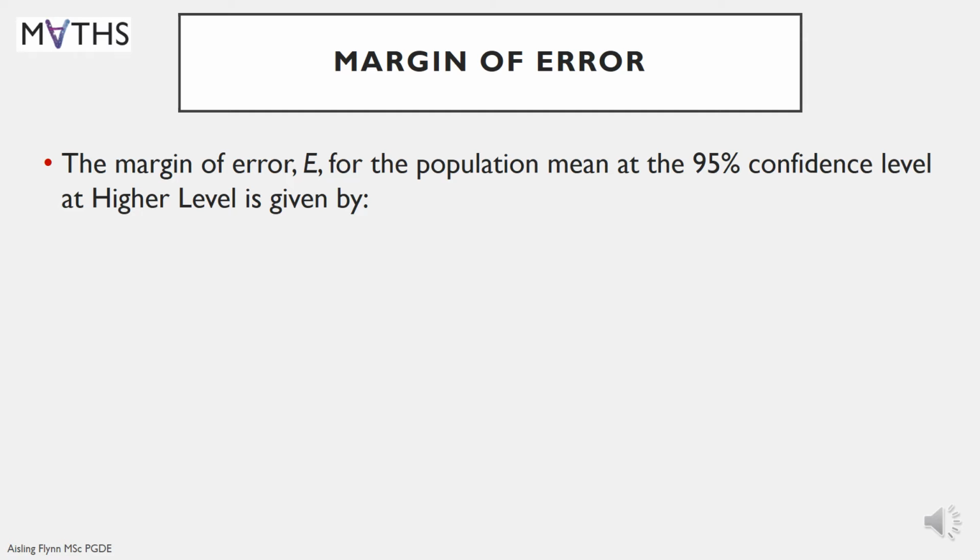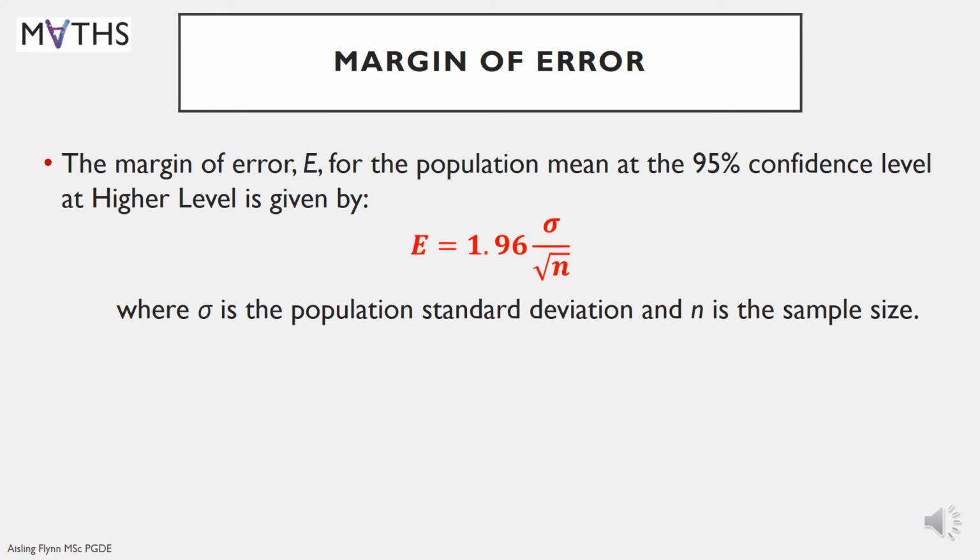So the margin of error for the population mean at 95% confidence level is given by E equals 1.96, all right, we'll talk about that value in a little while, and you'll recognize sigma over root n as the standard deviation of a sample, where sigma is the population standard deviation and n is the sample size.